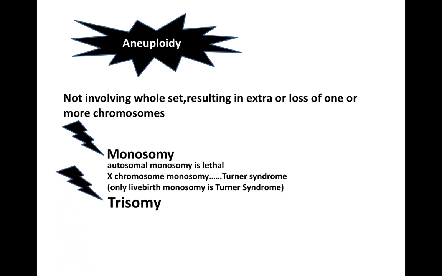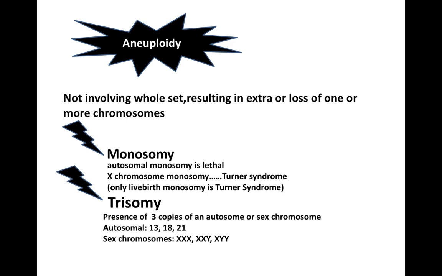The other type of aneuploidy is trisomy, and here there is an extra copy of a chromosome. So there will be 3 copies of an autosome or a sex chromosome.